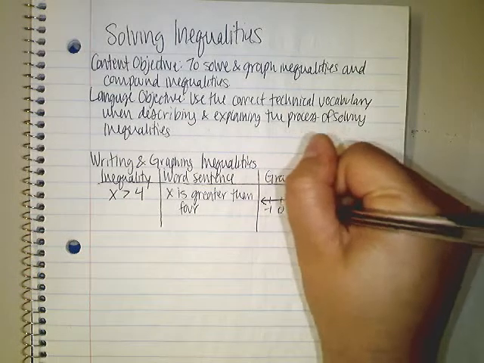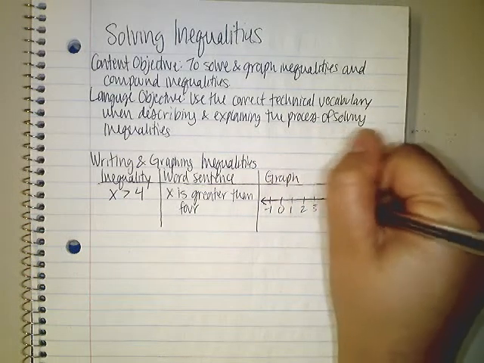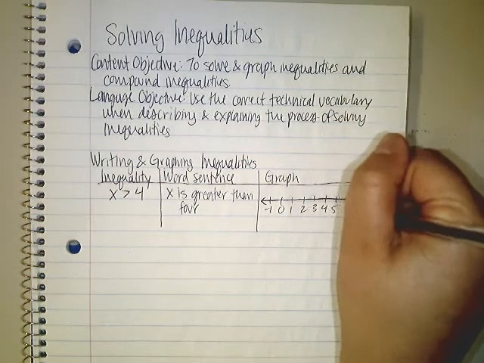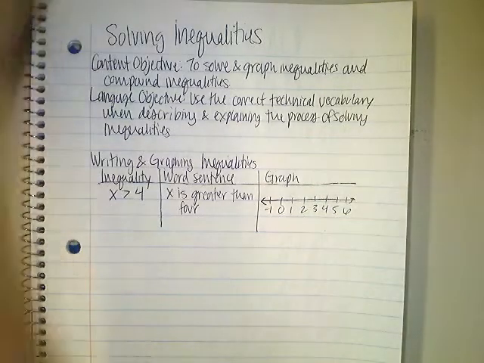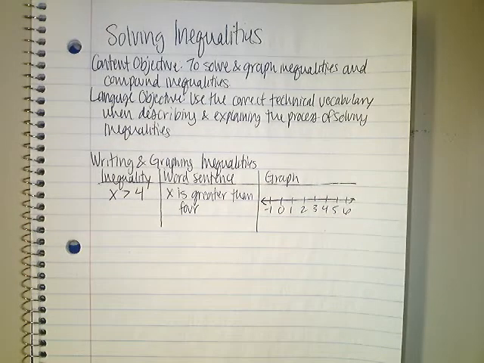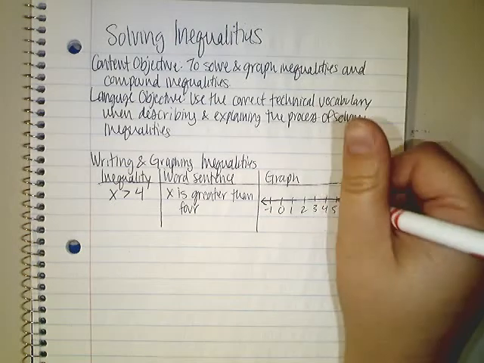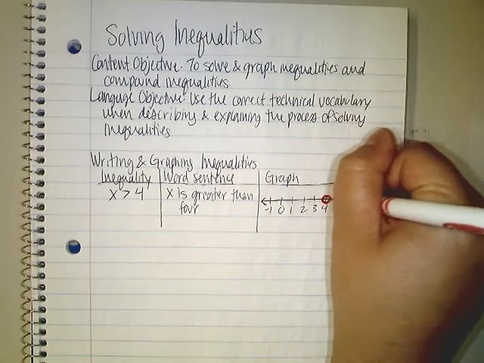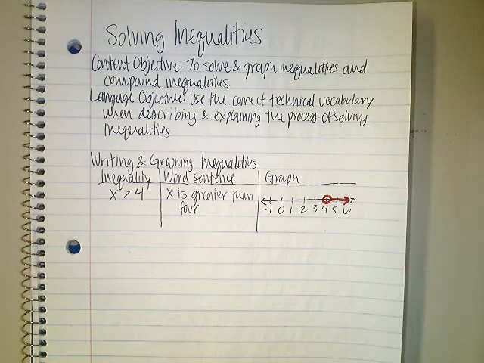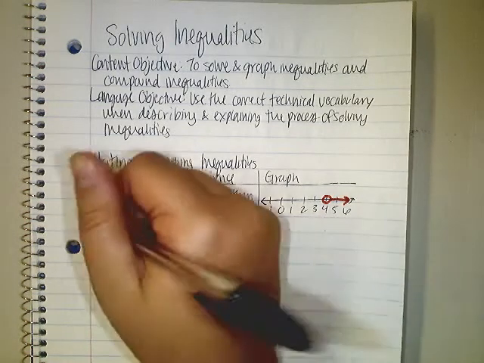So -1, 0, 1, 2, 3, 4, 5, 6. And just so you can see this, I'm going to use red. But x is greater than 4, I'm going to have an open circle, and it would go that way. So that is how I would graph that inequality. I'd have an open circle going to the right, so in the positive direction.